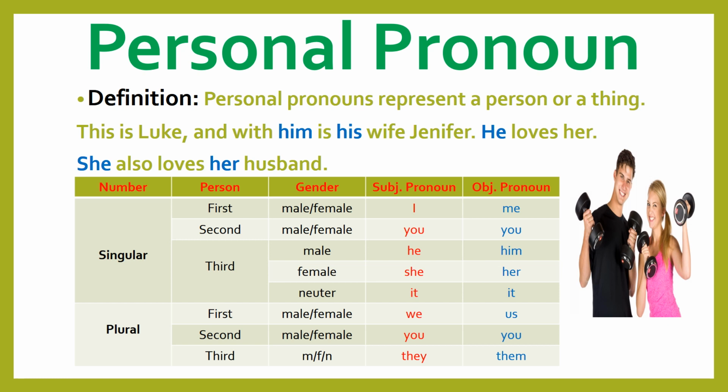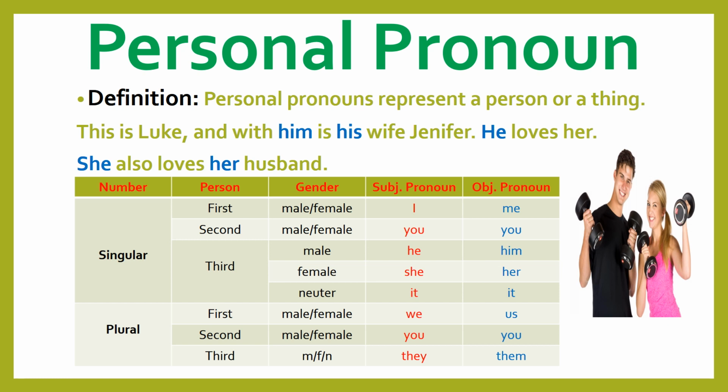The third person singulars are he, she and it. He is used for the male gender, and she is used for the female gender, and the object pronoun of he is him, and the object pronoun of she is her.